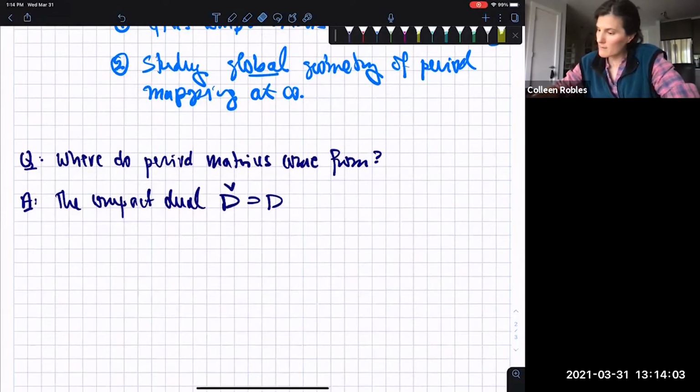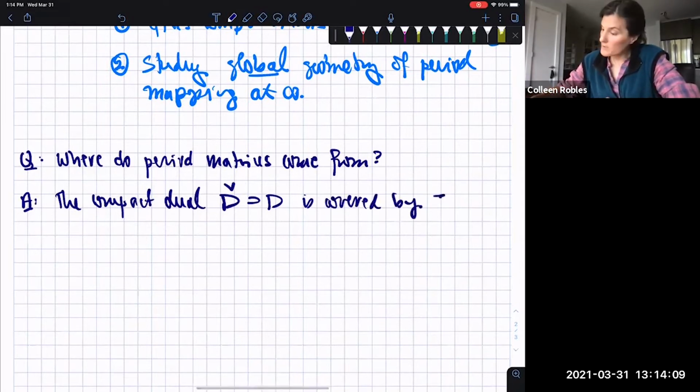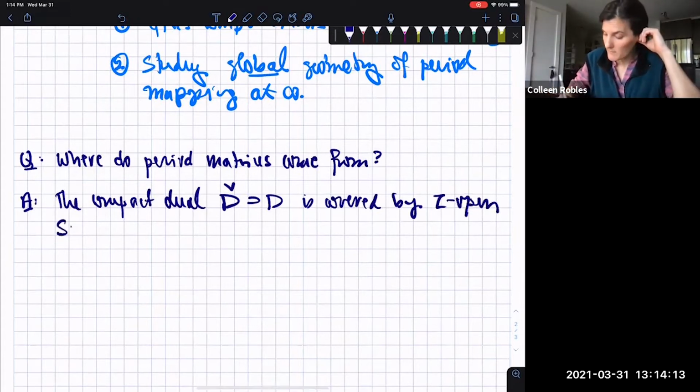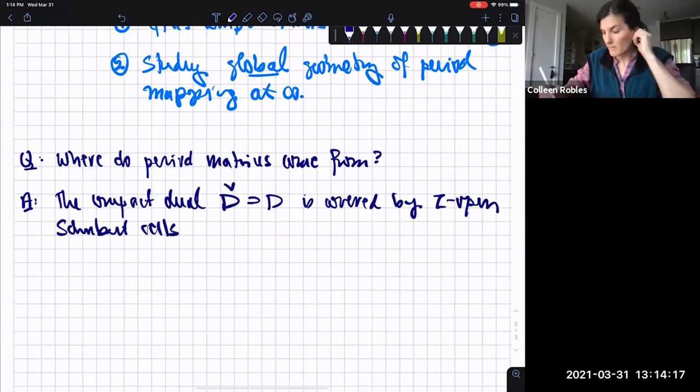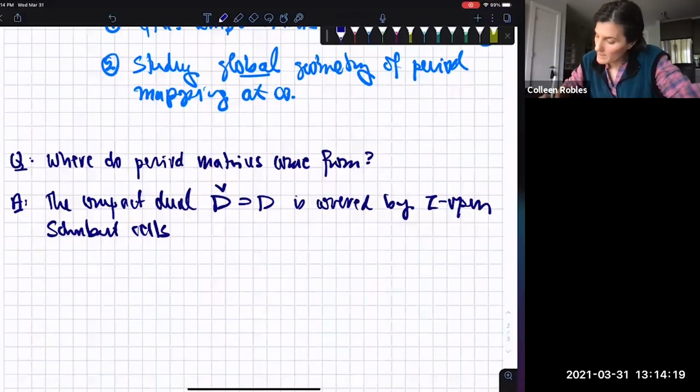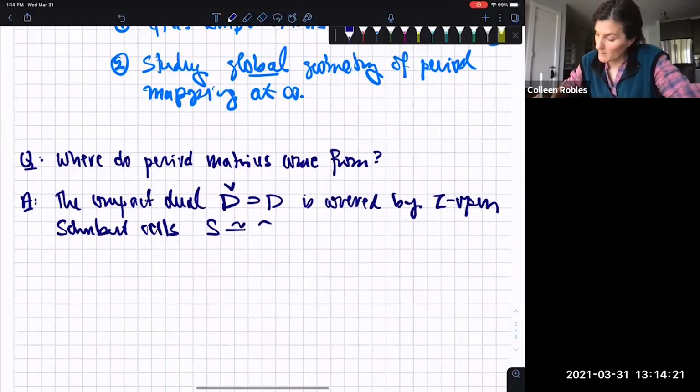This is covered by Zariski open Schubert cells on S, which are affine spaces.